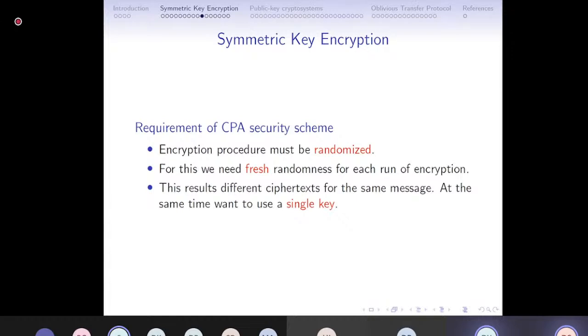Suppose we want to encrypt the same message two times, then every time our encryption scheme must give a different ciphertext. That means during the encryption we need to add fresh randomness, so that once the encryption is completed, we get a different ciphertext every time. So this is the main aim.